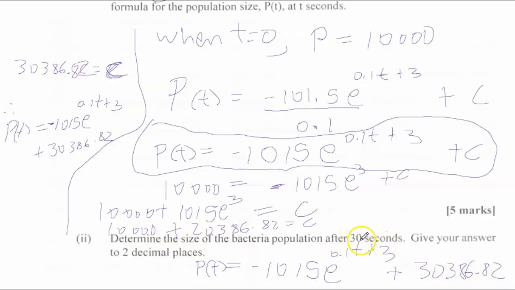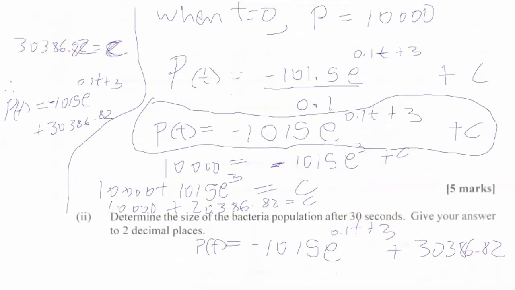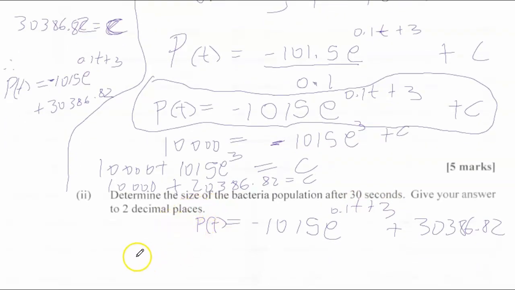So we're simply going to replace t with 30. Alright? Give your answer to 2 decimal places. So we're going to find P of 30, negative 1015 e, and then replacing t with 30. So it's 0.1 times 30, and 0.1 times 30 is 3, plus the other 3 that's here.